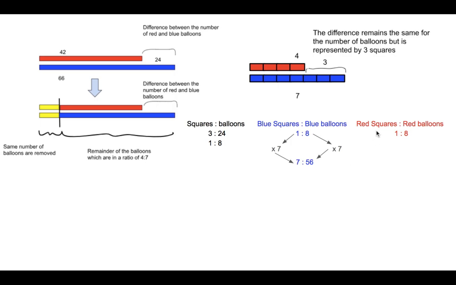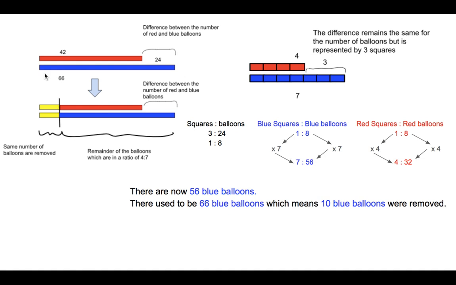For my red squares, I've got 4 squares, so I'm going to multiply my 1 by my 4, and I get 4, and then I'm going to multiply the 8 by the 4, and I get 32. So there are now 56 balloons that are blue, but there used to be 66 balloons that were blue, which means 10 blue balloons were removed.